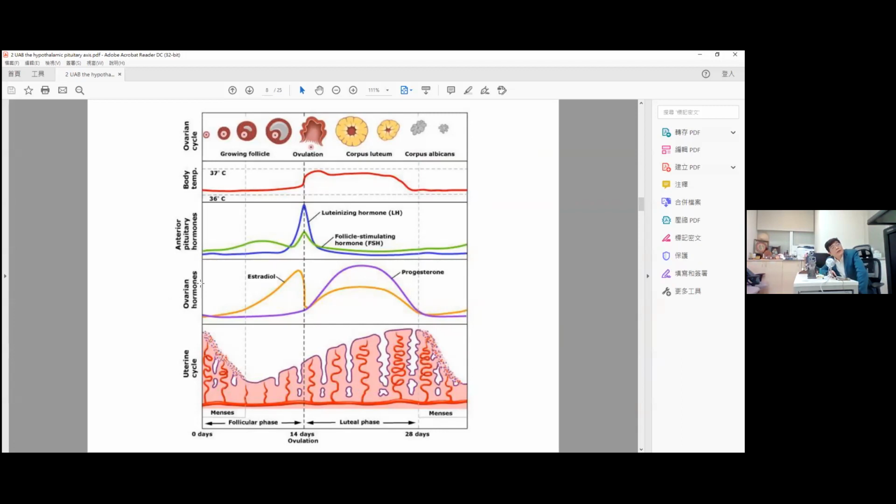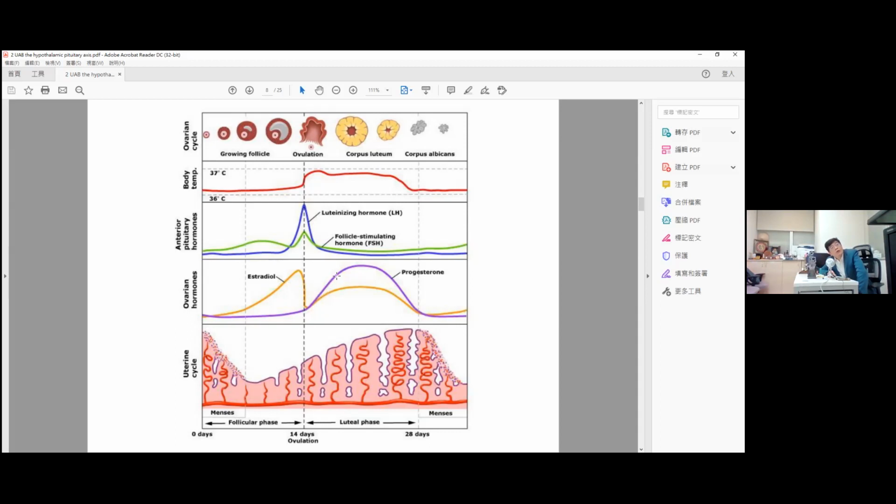And you can see here, this panel is the ovarian hormones. In the beginning, we have high estradiol produced day by day. And then coming to here, estradiol will suddenly decrease because this is so-called ovulation. Then you can see the purple line is the progesterone. In the beginning, it is very flat, low level. Once ovulation happens, the corpus luteum forms.